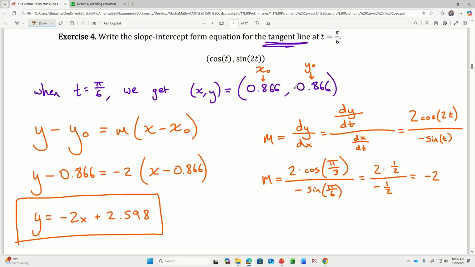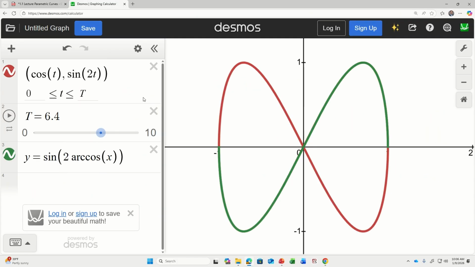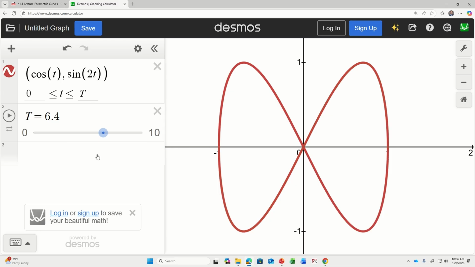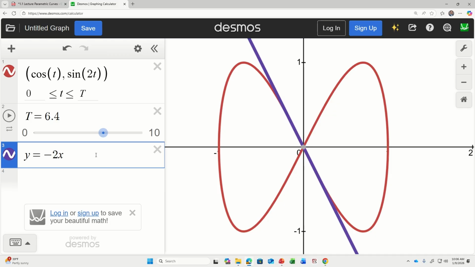All right, so if this is you and you're working on your homework, the way you would check your answer is you would go to Desmos and you would type in the parametric curve, and then you would also type in the line that we just found for our tangent line. We type in y equals negative 2x plus 2.598.